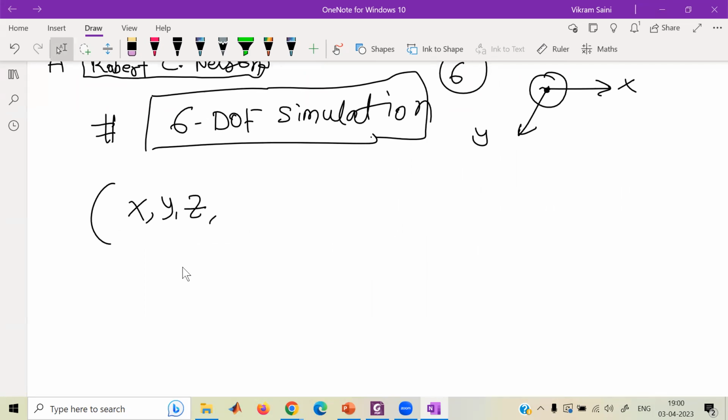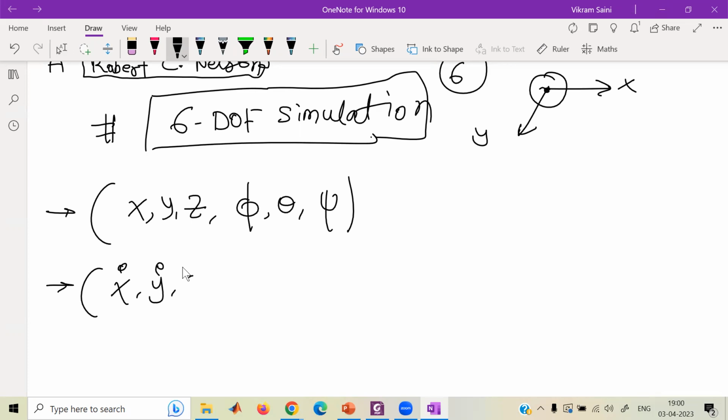When you talk about its orientation, which way the aircraft is oriented, you talk about Euler angles, phi, theta, and psi. These are the quantities, and you are also interested in their derivatives, because those derivatives will drive the changes.